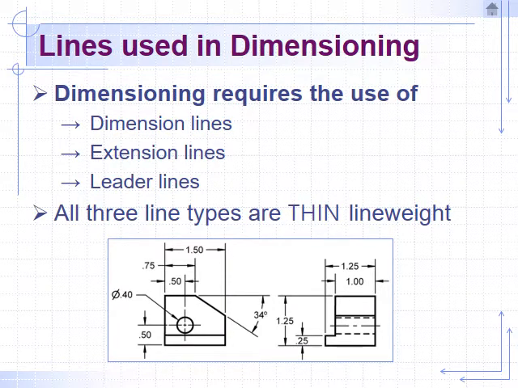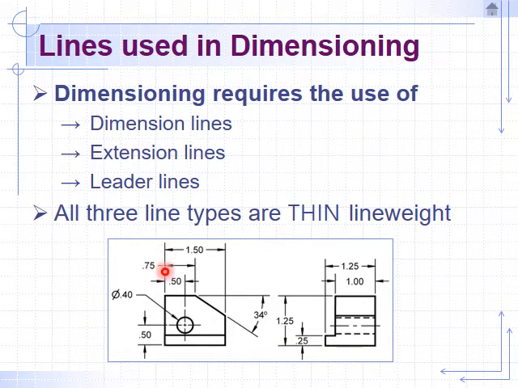This slide demonstrates the different types of lines within the context of dimension line types. Again, these are not object lines, they're all annotative, but this part right here that gives the actual dimension is referred to as the dimension line.